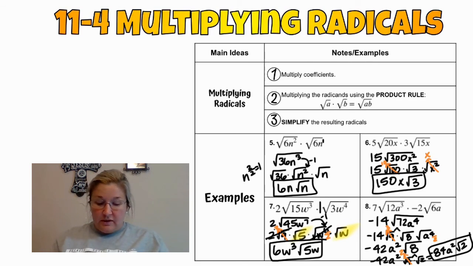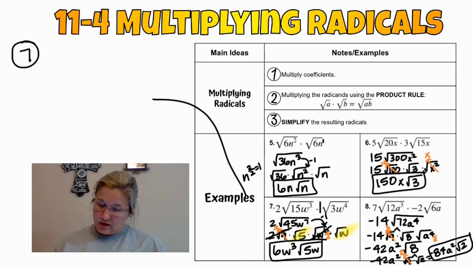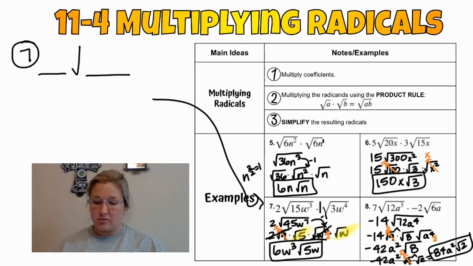All right. So that's what I got for you for multiplying radicals. Again, it's just multiplying straight across the board. Let's just kind of practice this. If you were to write number 7 in your skill check, which is this one right here, I have blank, blank, blank, and then the square root sign, and then another blank.